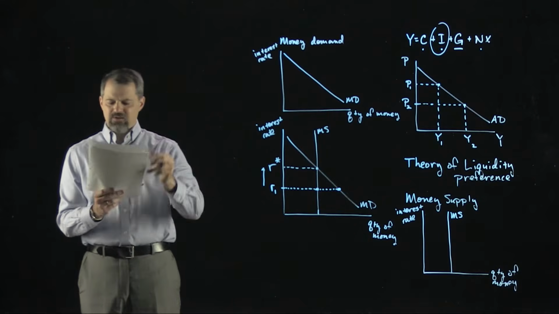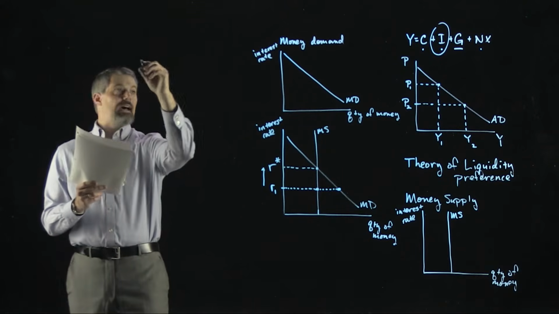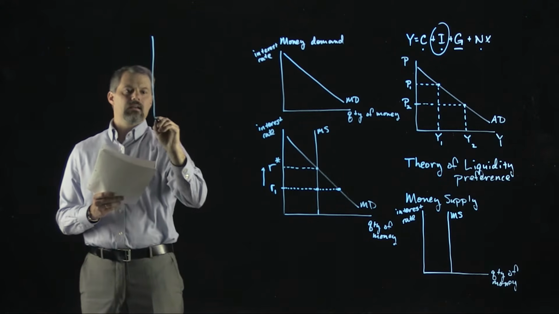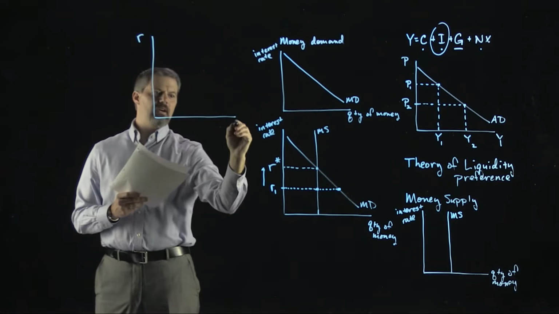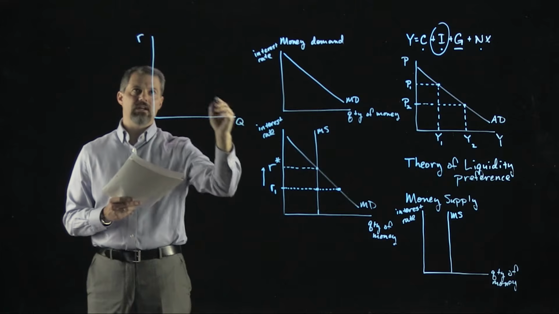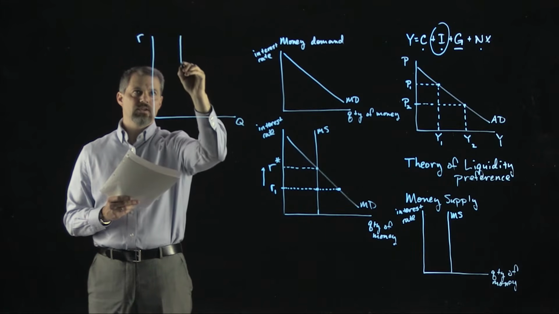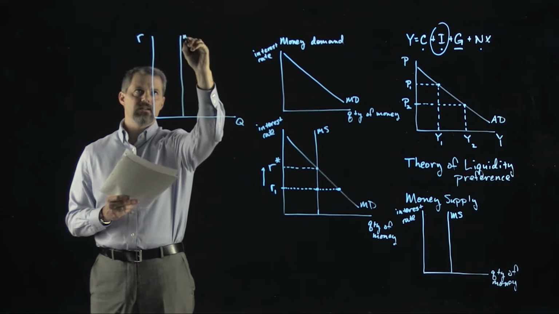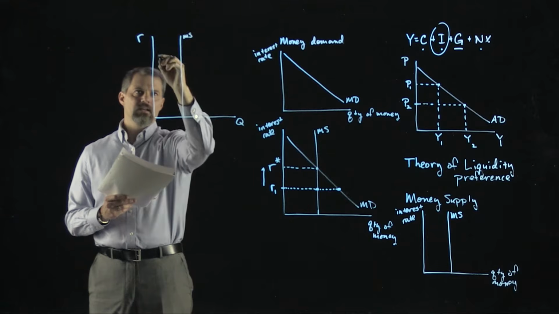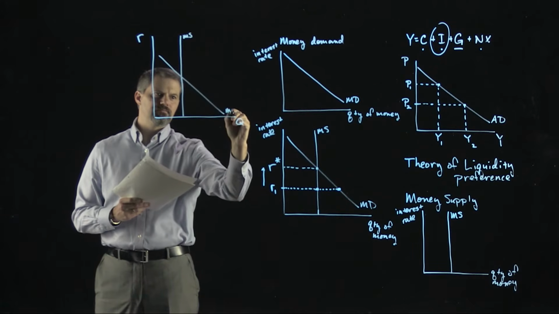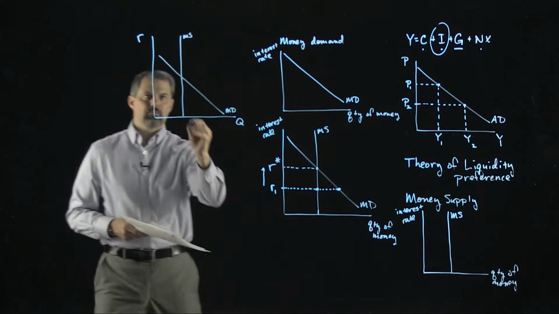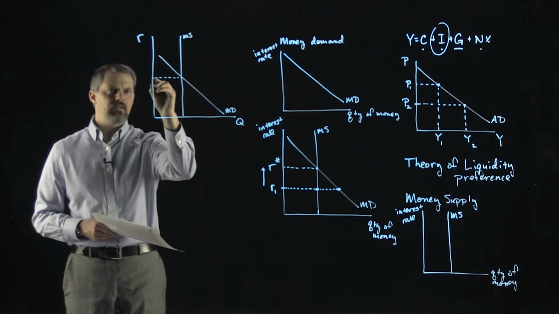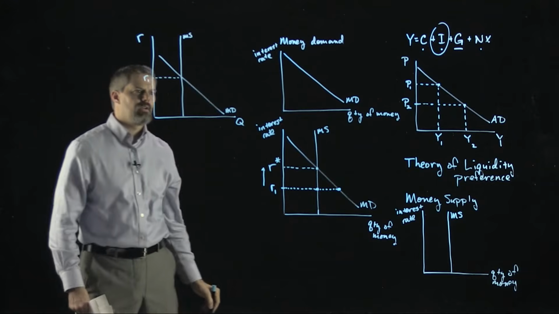So if we think about what's going on there, I'm going to put R up here for the interest rate. I'm going to put Q down here for the quantity of money. Let's put our money supply here. And let's put our money demand. And let's think about what happens. Let's put our initial interest rate up here, R1.